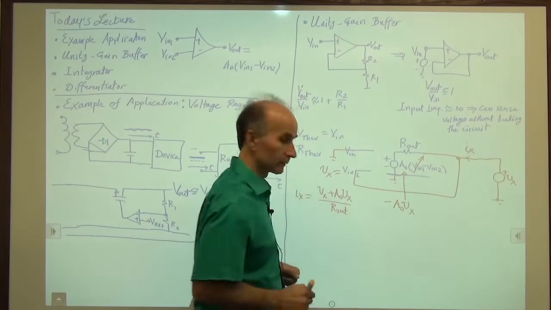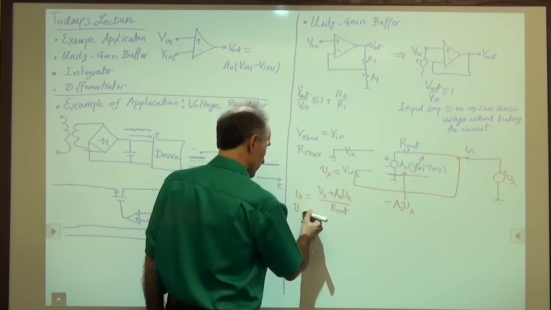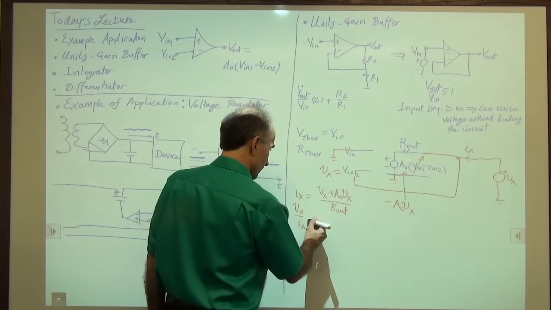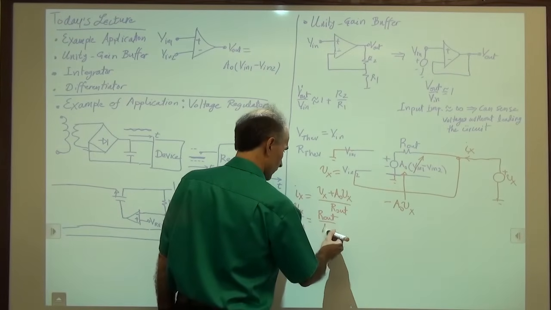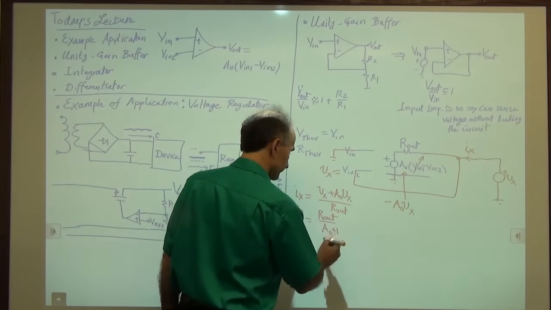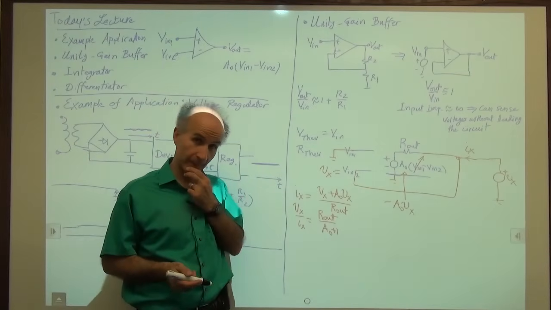So we can find Vx over Ix. Vx over Ix is equal to R out over A0 plus 1. That's a fascinating result.